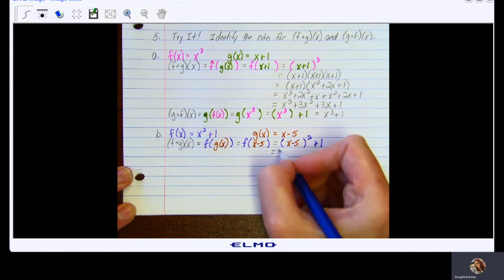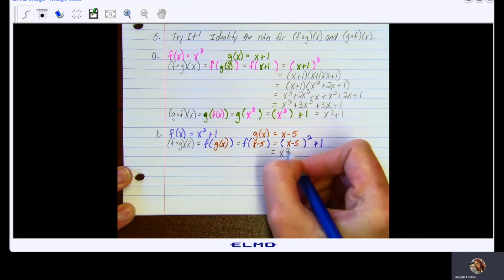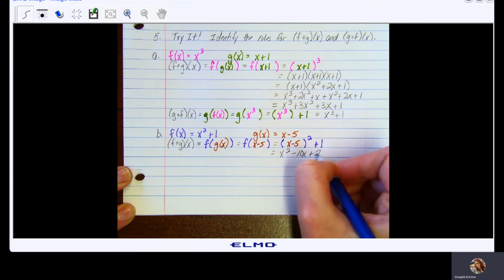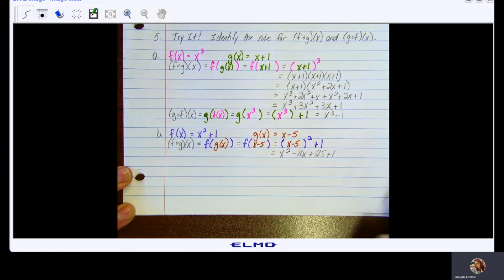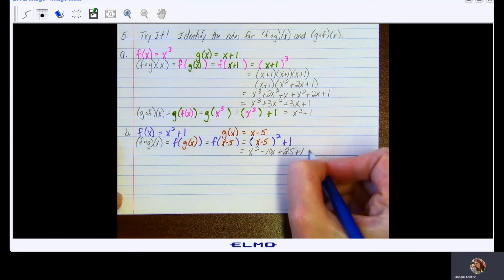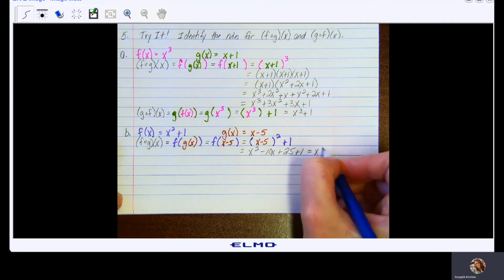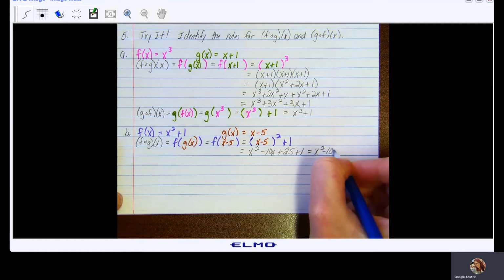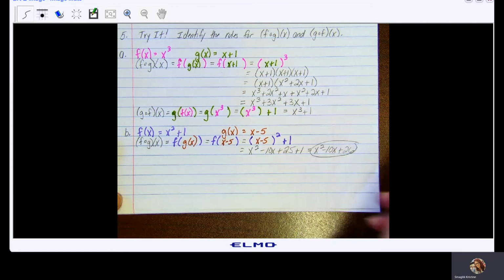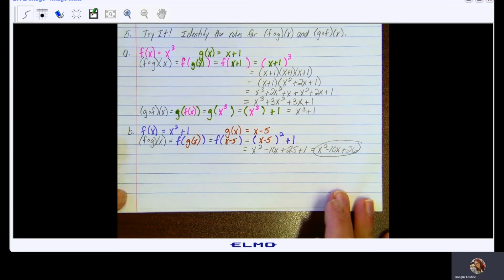Again, we have a perfect square trinomial, so this is x squared minus 10x plus 25 plus 1. Well, you only have to combine like terms in your constants. x squared minus 10x plus 26. Here's our answer. So that is f of g of x.